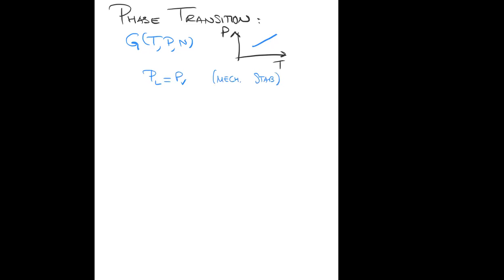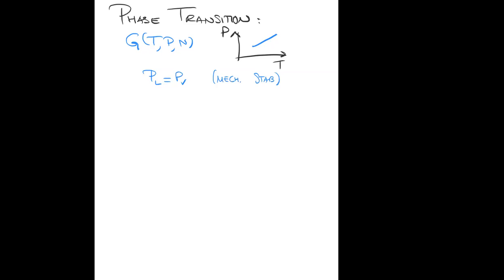But the Gibbs free energies must actually also be the same. One way to see this is because, as we saw on the previous slide, the Gibbs free energy at a fixed number of particles is just the chemical potential. And again, that was one of our equilibrium criteria. If you have two systems in contact with one another, then chemical equilibrium means that they must have the same chemical potential.